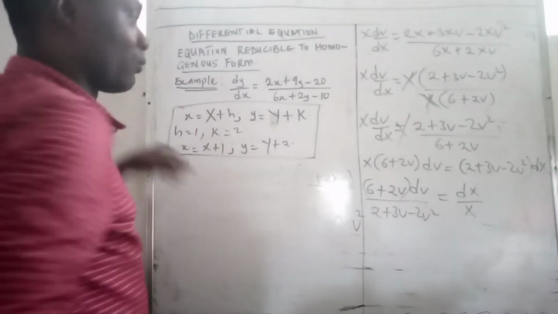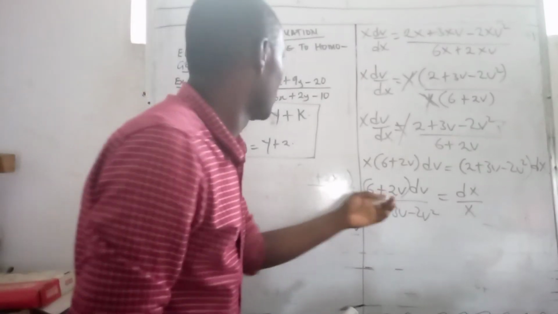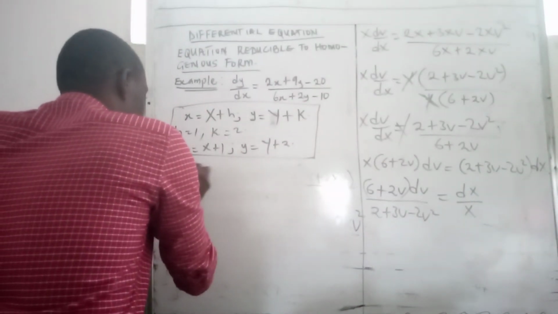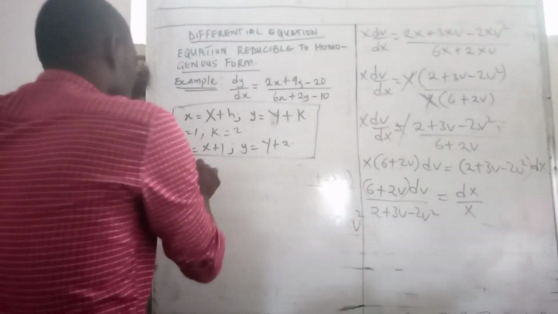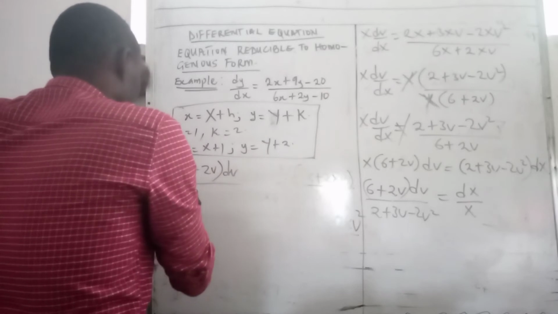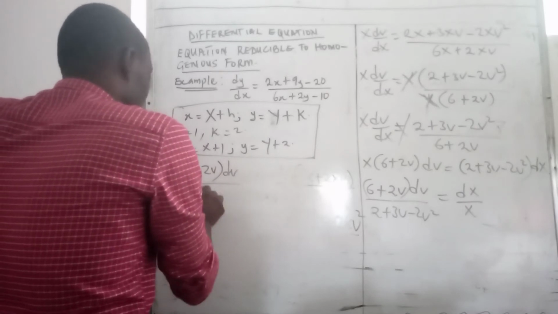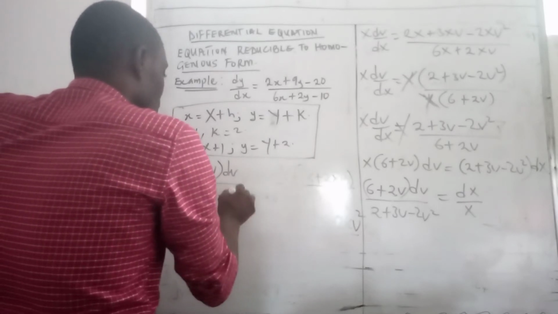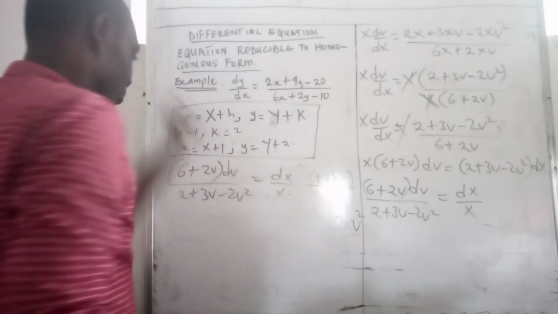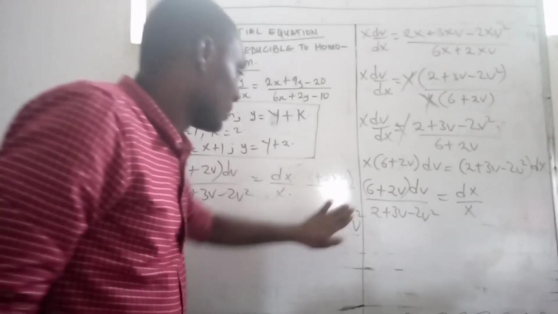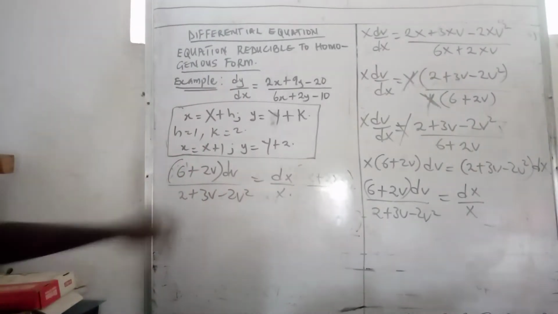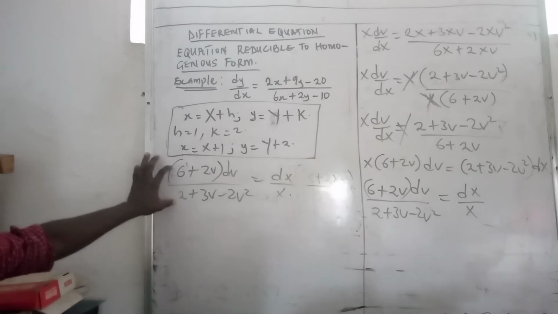I think I have to write this somewhere else so that we can visit that again. So I have 6 plus 2v dv all over 2 plus 3v minus 2v squared equals dx all over x. So I'm going to integrate this, or split this into partial fractions.